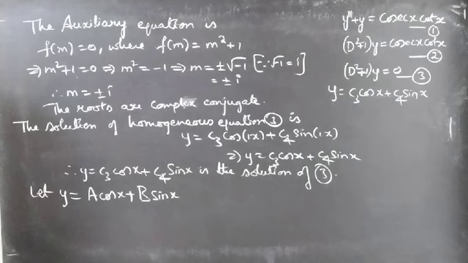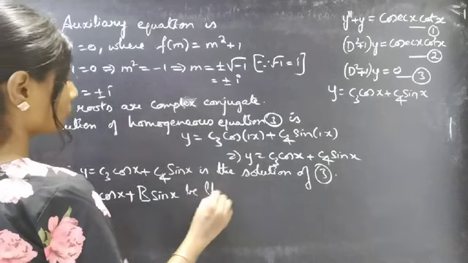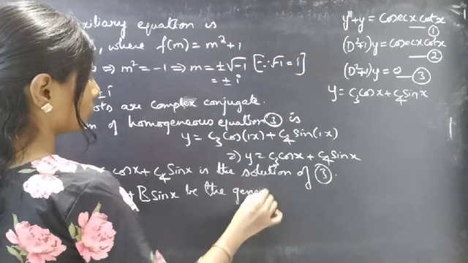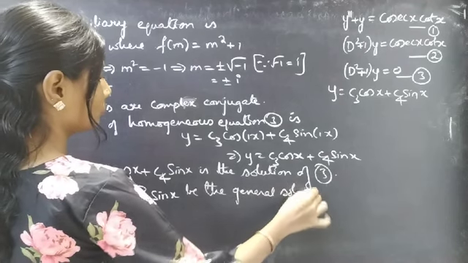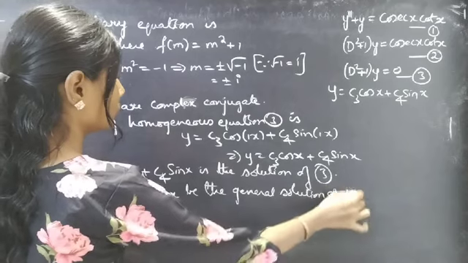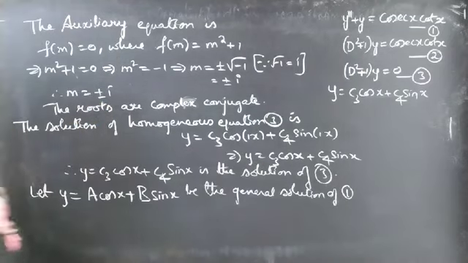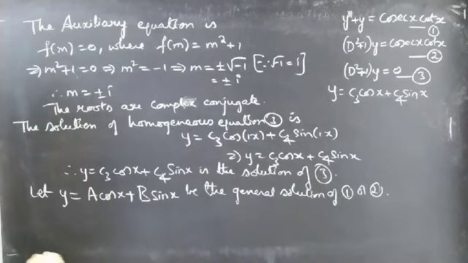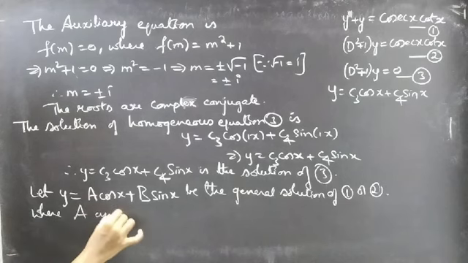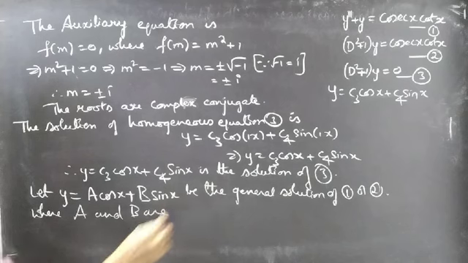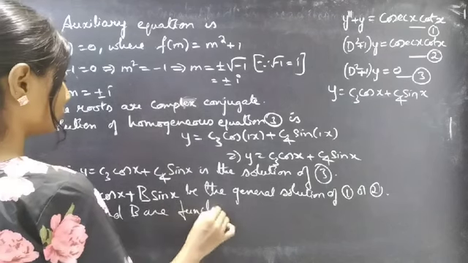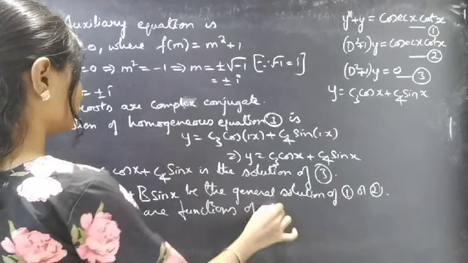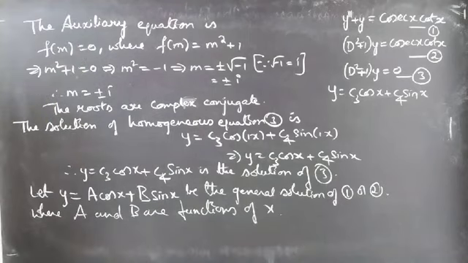Let y equal to a cos x plus b sin x be the general solution of equation 1, okay, equation 1 or equation 2, where a and b are functions of x. Okay, now we'll find y dash and y double dash.